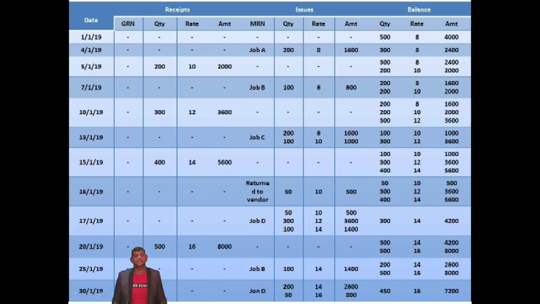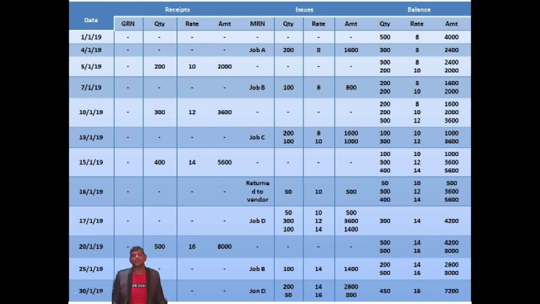So on 30th January 2019, for job D we are issuing, so when there is an issue entry, obviously your receipts entry will be nil. So under the MRN column write down job D, then write down 250 units, out of which 100 units at rupees 14 each, so that comes to 1400, and 150 units at rupees 16 per unit, so that comes to 2400 rupees.